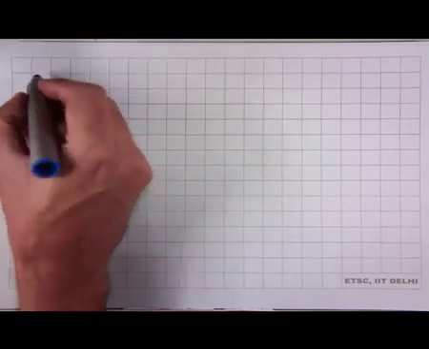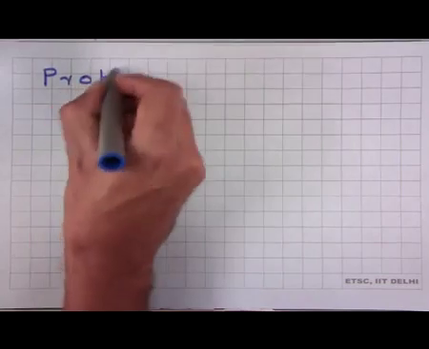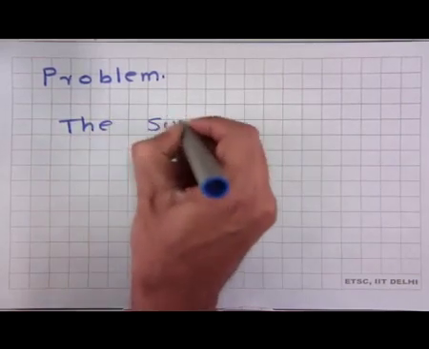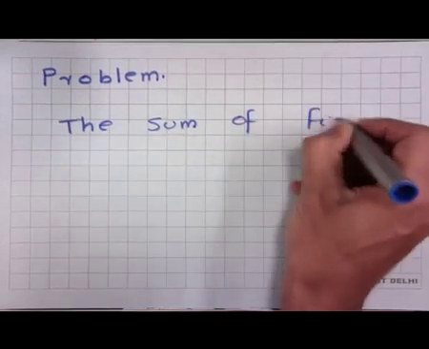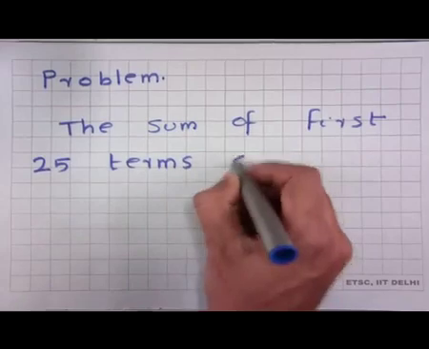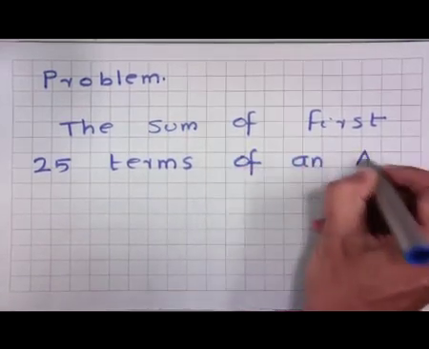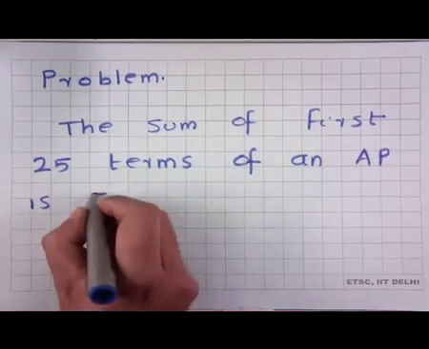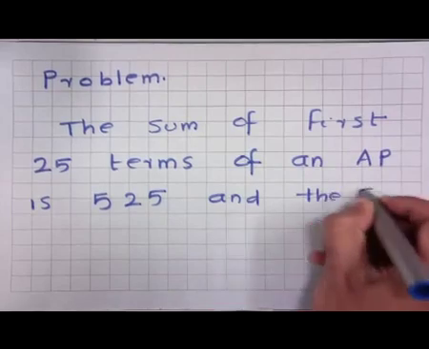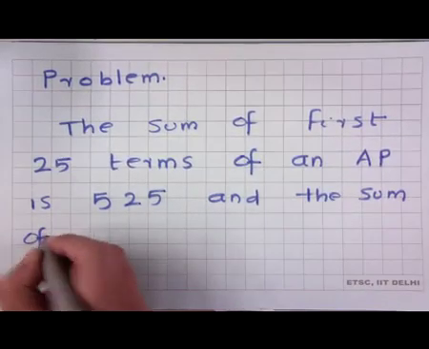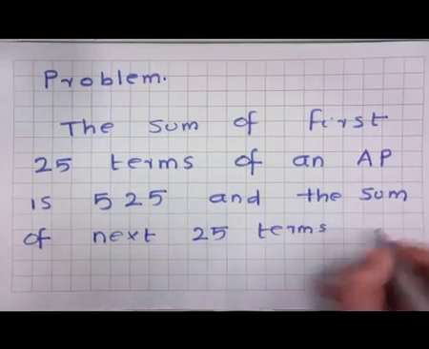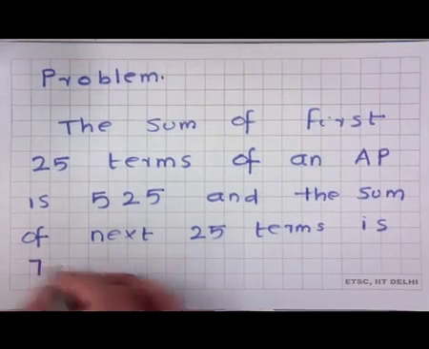Let us proceed with the next problem. This next problem reads as follows. The sum of the first 25 terms of an arithmetic progression is 525 and the sum of the next 25 terms is 725.